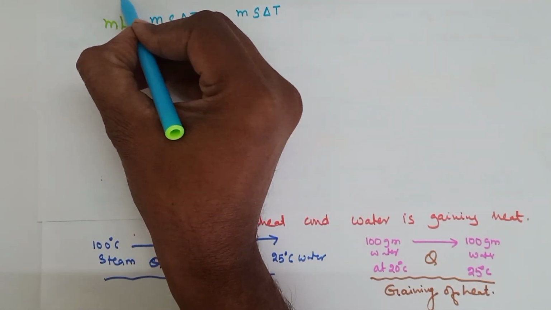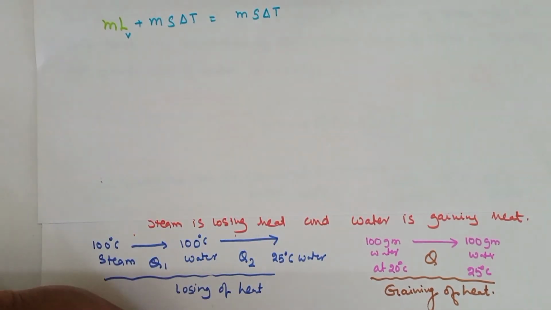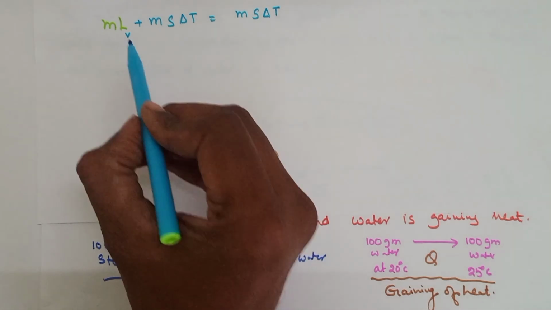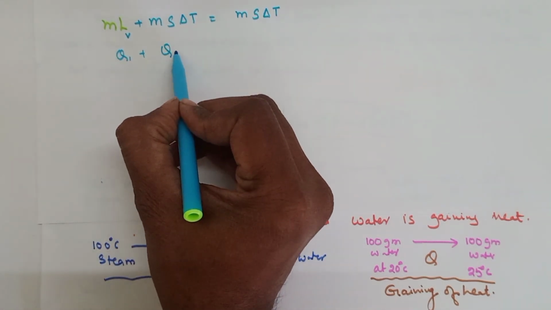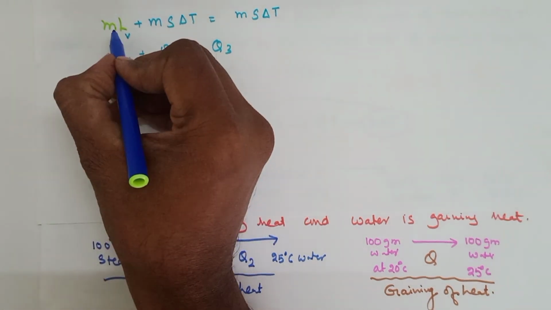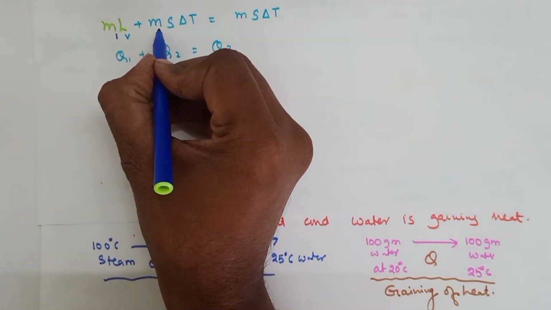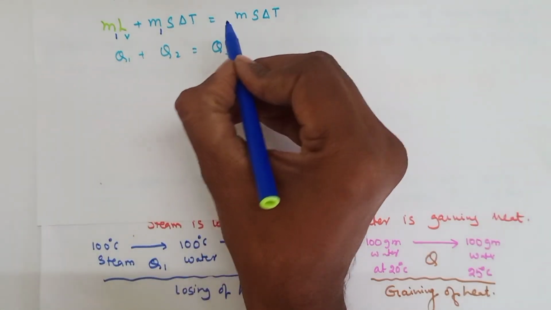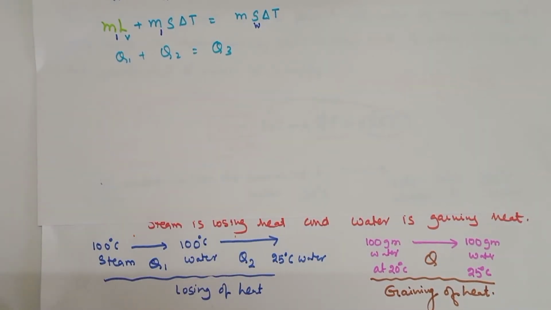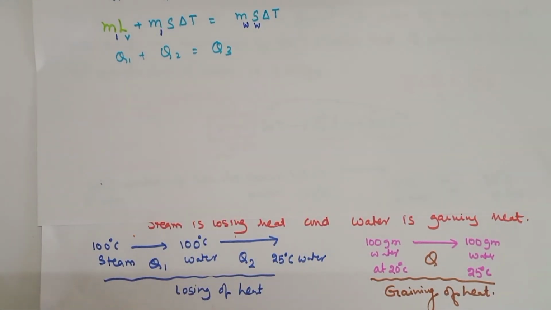This is Q1 plus Q2 is equal to Q3. So the mass of this steam is unknown to us, which will be calculated, right? And this is the mass of the water.